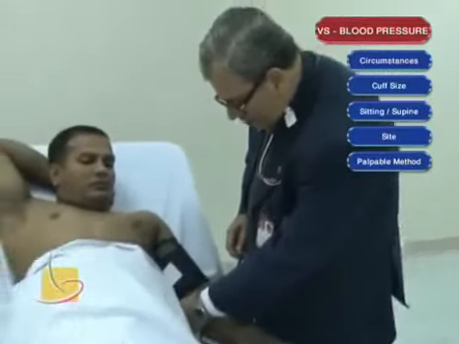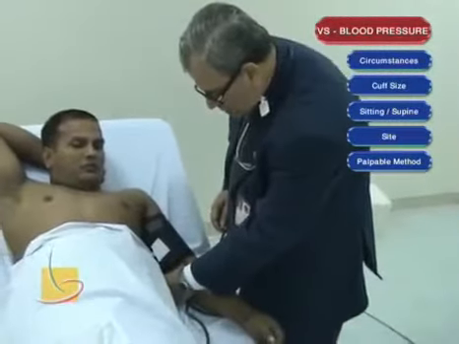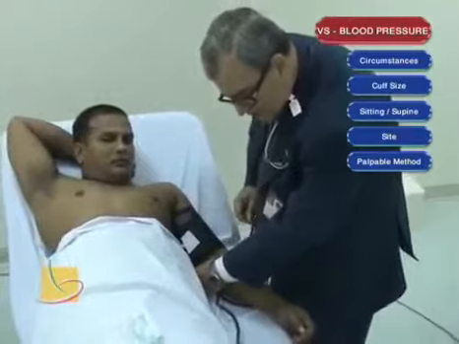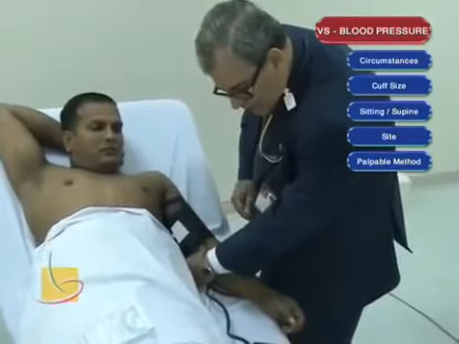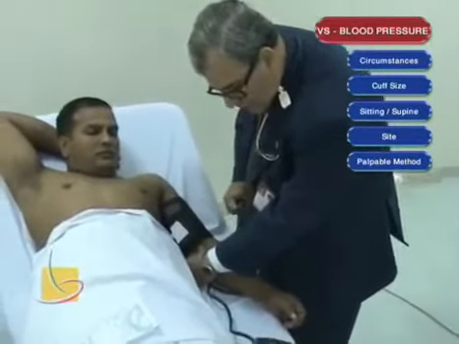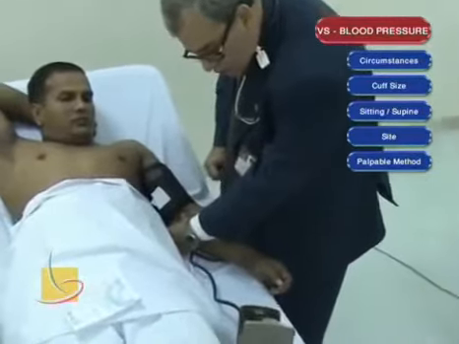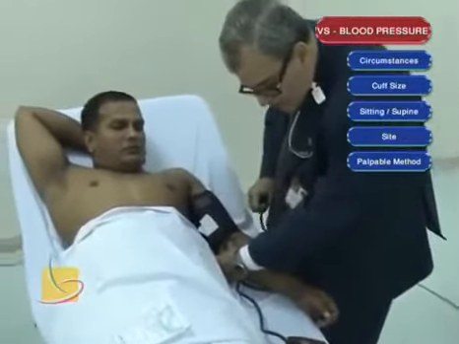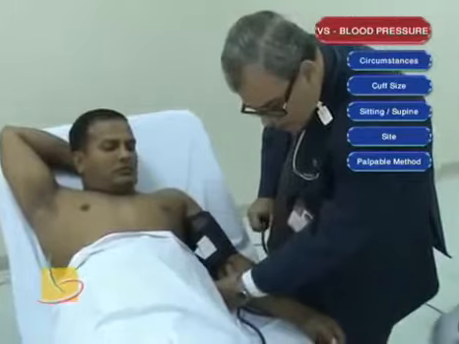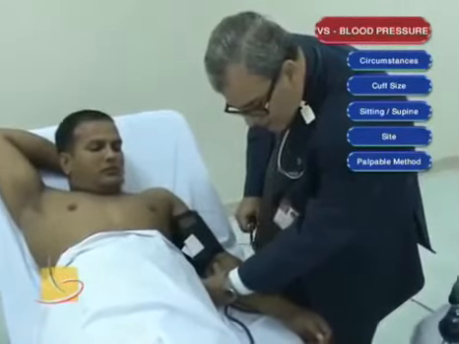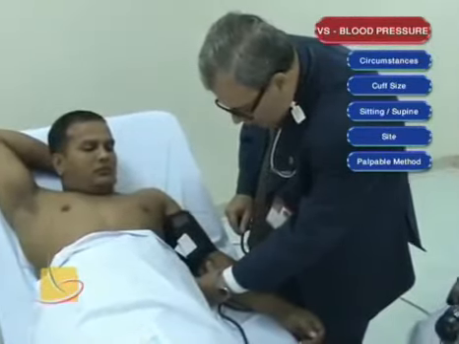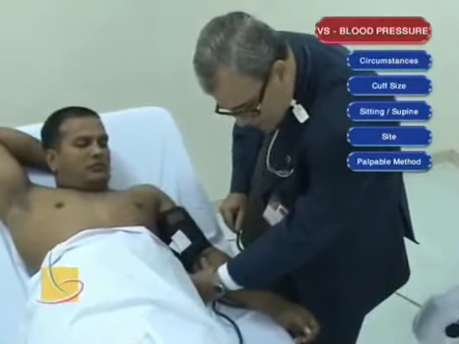If this is the brachial pulsation here, then I start inflating the cuff, which will spontaneously elevate the mercury column until I feel the disappearance of the brachial pulsation.